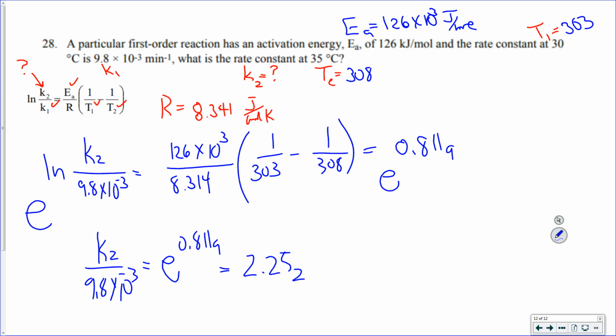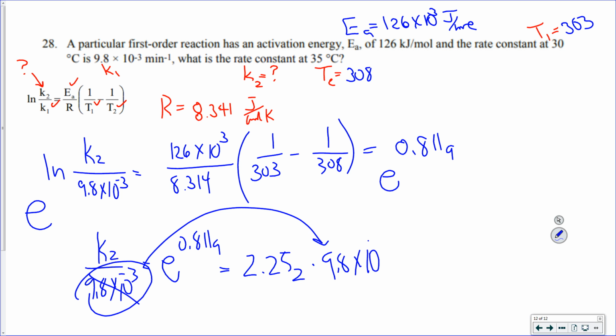So now I just take and multiply this term to the other side times 9.8 times 10 to the minus 3. We only have 2 sig figs.